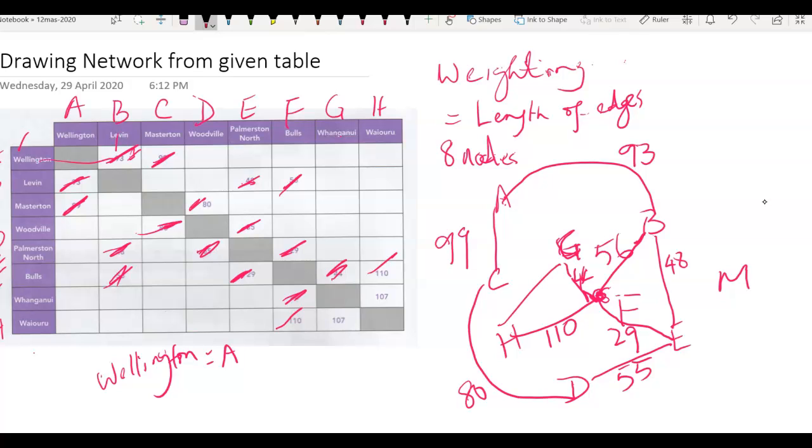Oh, right. So looks like I haven't crossed over any line. Let me check C and B, is it connected? No, so it's not connected. So at the end of the day, you got to make sure all the nodes are connected properly. You got to double check everything. You got to carry a pencil, and an eraser is a must because you've got to erase and redo the whole thing over and over again.